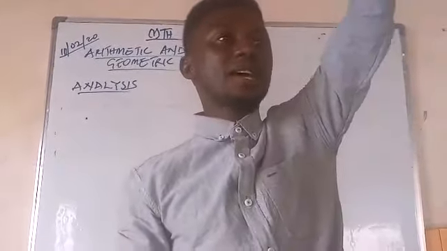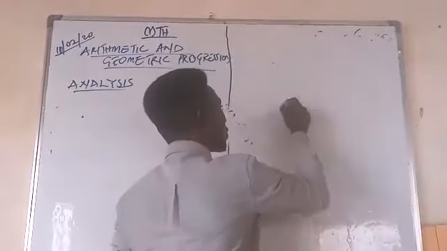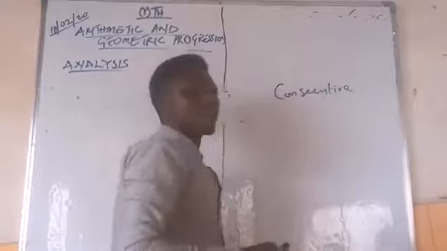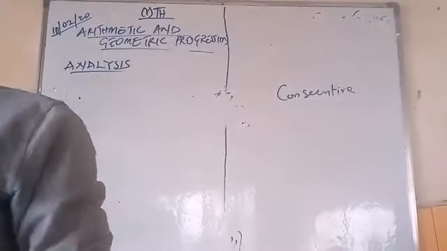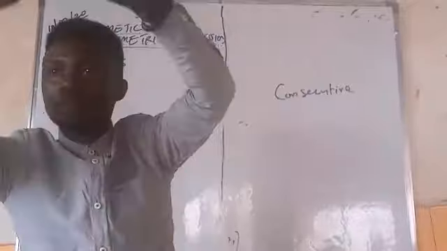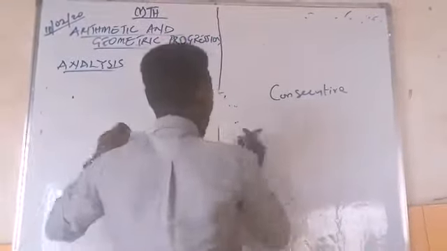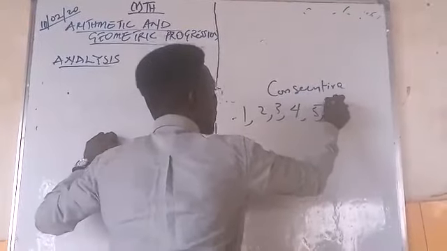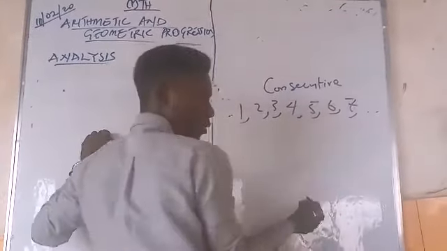The grammar here is what? Consecutive. Now when we say 2 numbers are consecutive, what does it mean? It means that they follow. Let me explain what consecutive numbers are to you, class. You have 1, 2, 3, 4, 5, 6, 7, and so on.